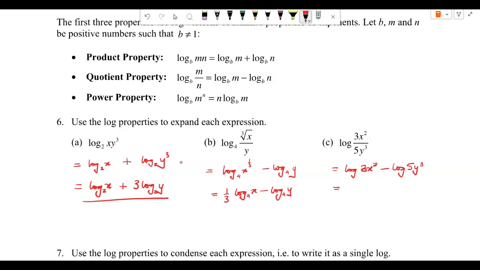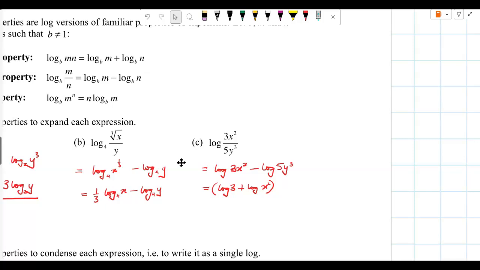Yes, you can bring the square to the front. So log 3, and then the product rule, plus log x squared. You can break it down. Minus log 5 plus log y cubed.